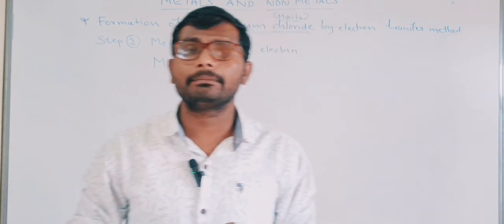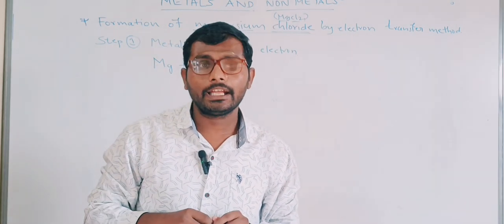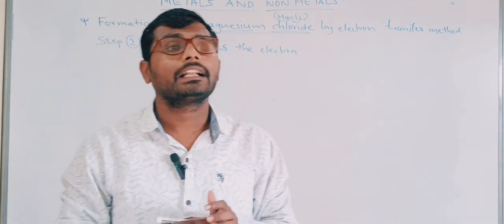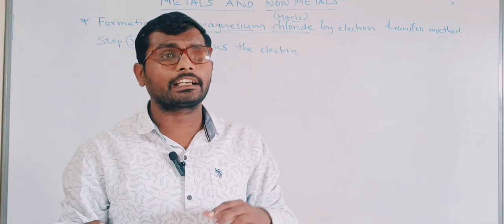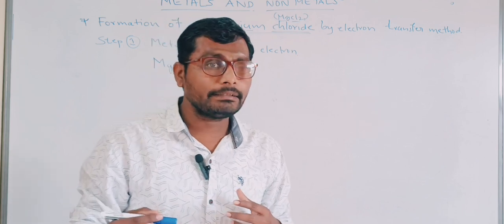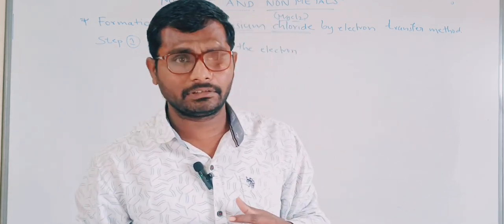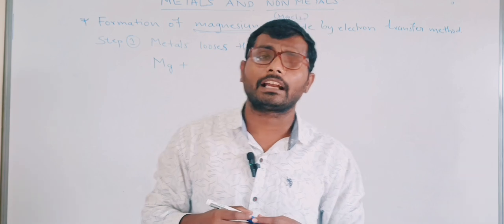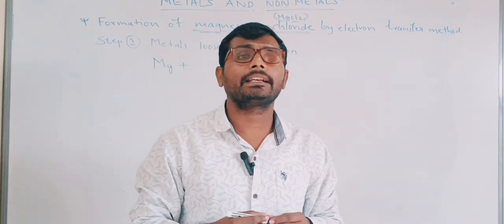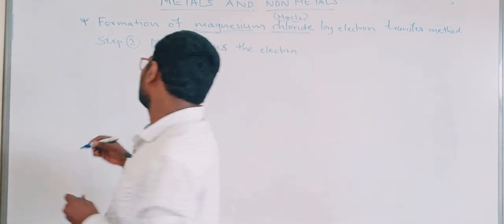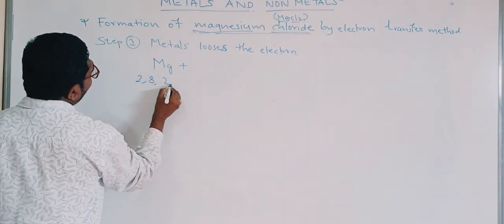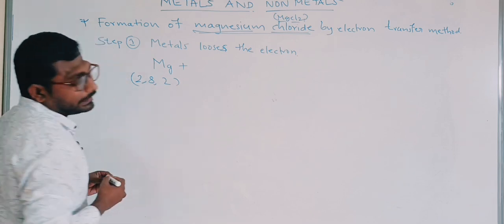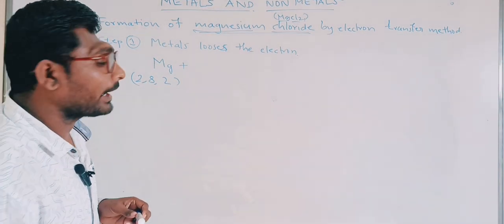Yes, magnesium is 12. Its electronic configuration was discussed in previous classes. If you do not understand electronic configuration, please see the previous classes. I will write the electronic configuration of magnesium directly: 2, 8, 2.